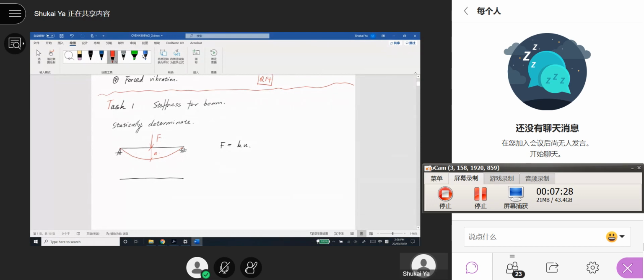It's pretty easy. We are pretty clear about the bending moment from this x.